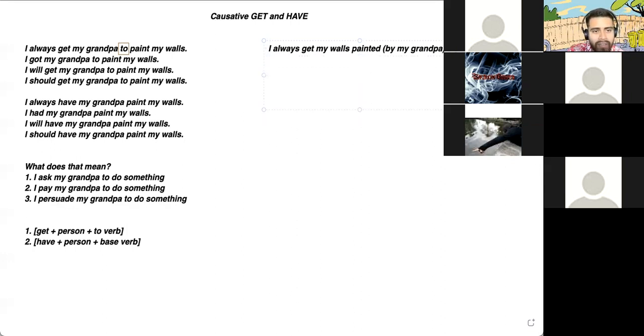I always have my grandpa paint my walls. I always have my walls painted by my grandpa. So something interesting happened here.